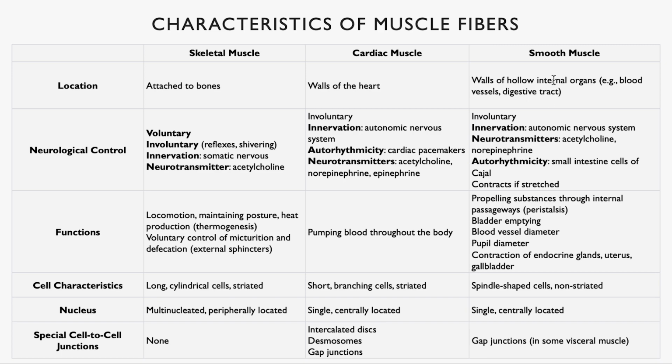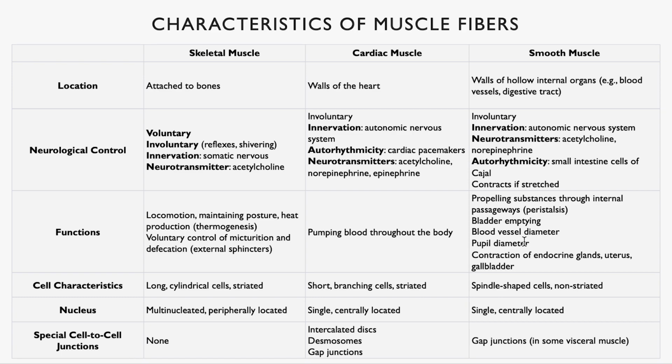The functions of this smooth muscle are many depending on what organ we are talking about. Peristalsis in the GI tract, bladder emptying, maintaining or varying the blood vessel diameter, pupil diameter, accommodation of the lens.